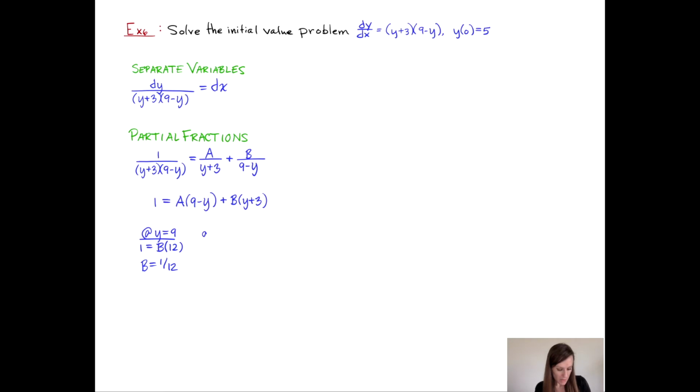The other nice value here would be y equal to -3. So at y equal to -3, the term with the B in it will go to 0, and we're left with 1 is equal to A times 9 minus the -3, which is 12. And solving for A, we get that A is also 1/12.